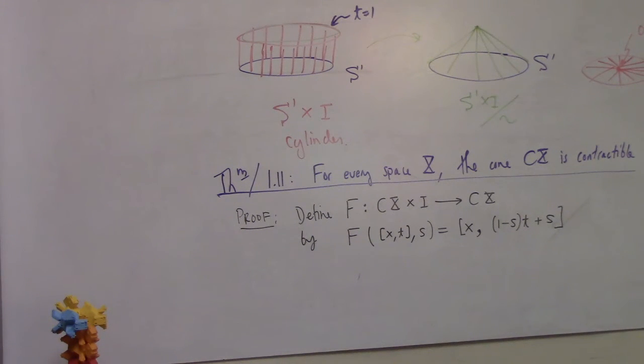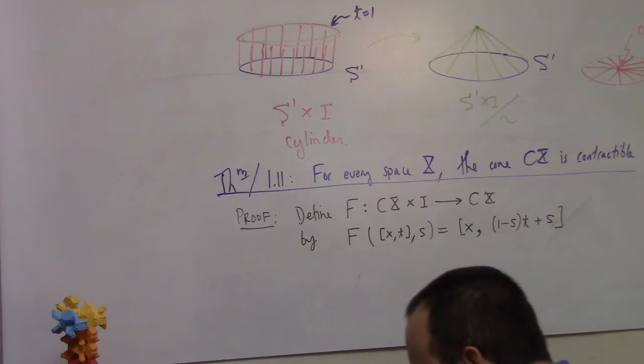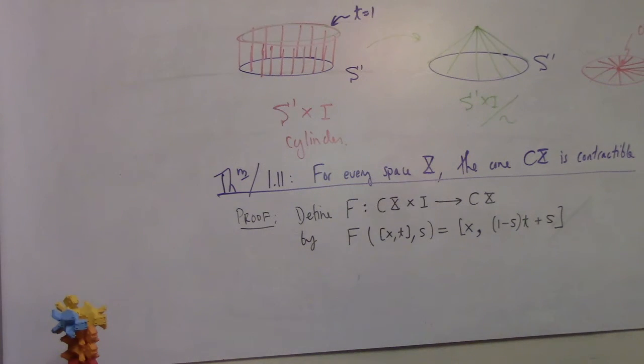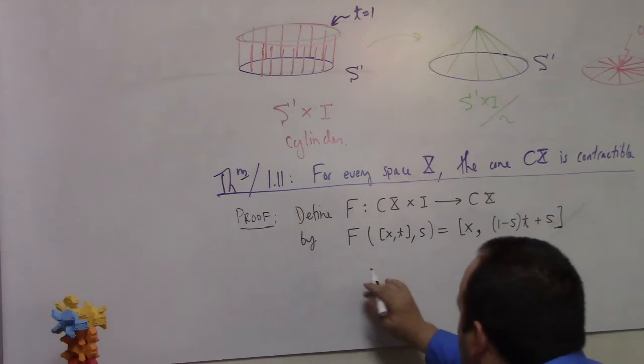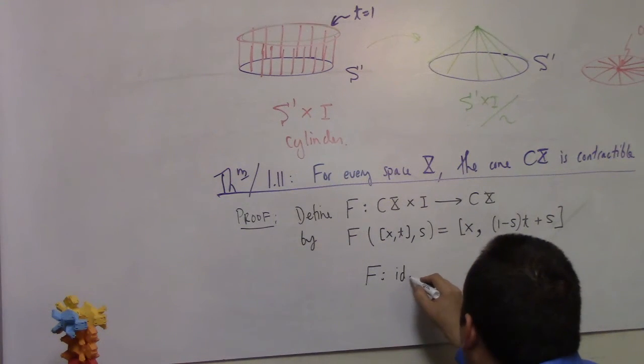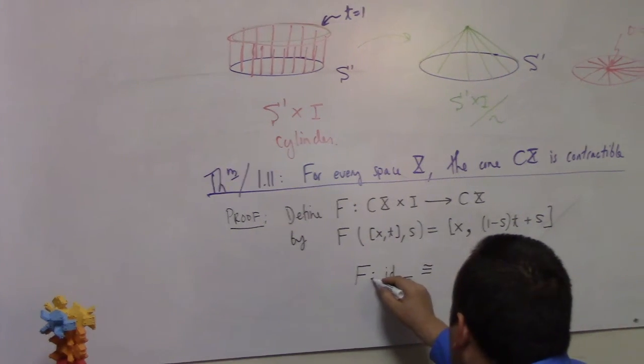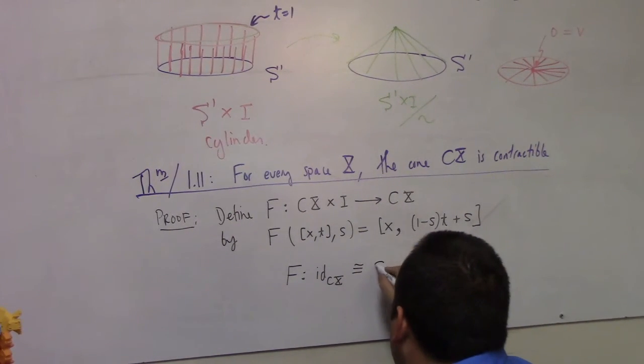All right. Now, what was the definition of contractible we had? If the identity map was null homotopic. So hopefully this shows that the identity map on CX is homotopic to what? The constant map. If I had to guess, that's the vertex.